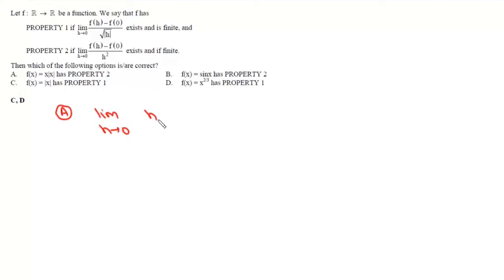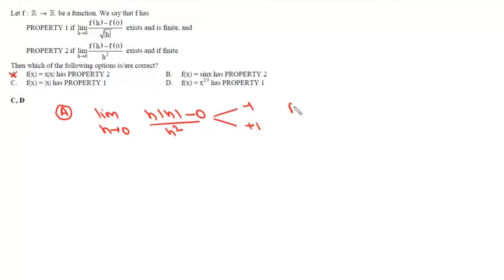Now f(h) is h into mod h minus f(0) is 0 upon h square. Now if h is less than 0, value of this limit is minus 1, and if h is greater than 0, value of this limit is plus 1. So this limit does not exist. That means this option A is incorrect.